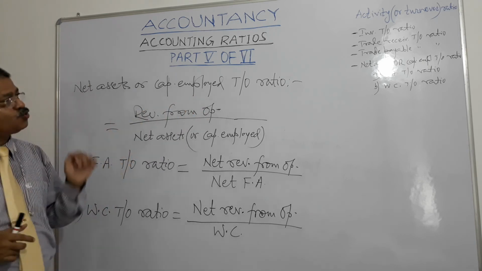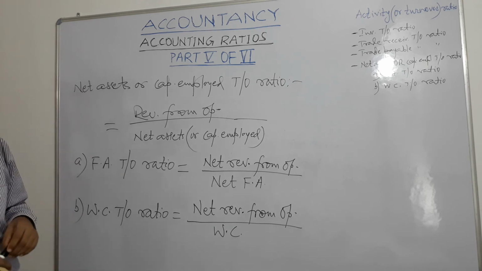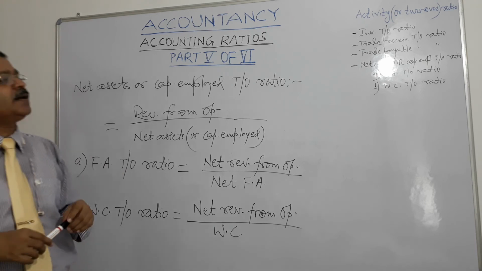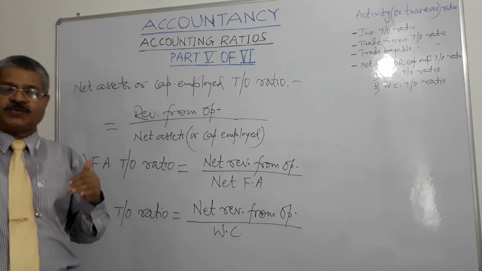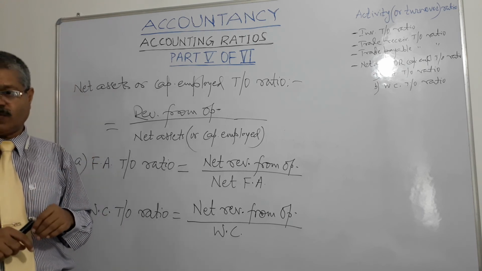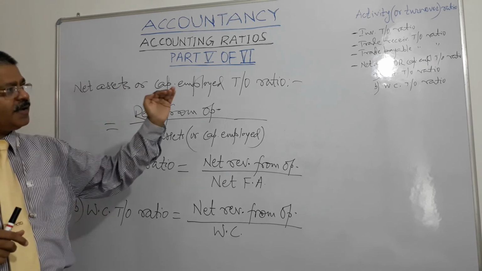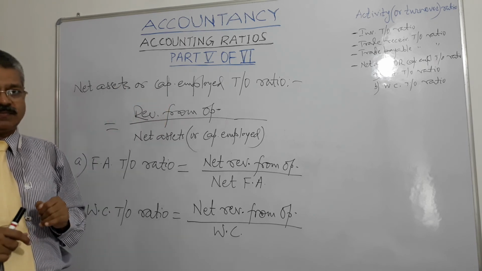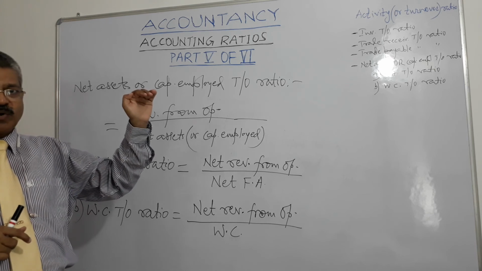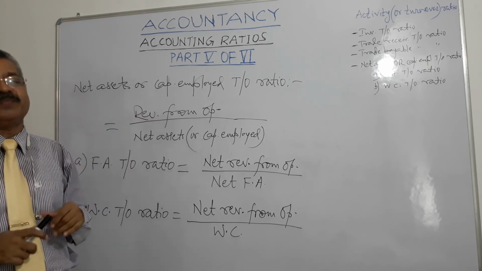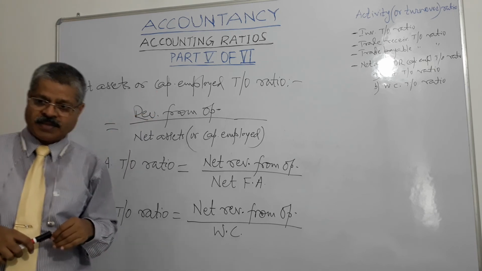Under this we discussed two more formulas, fixed assets turnover ratio and working capital turnover ratio. So what is fixed assets turnover ratio? Net revenue from operations divided by net fixed assets, right?